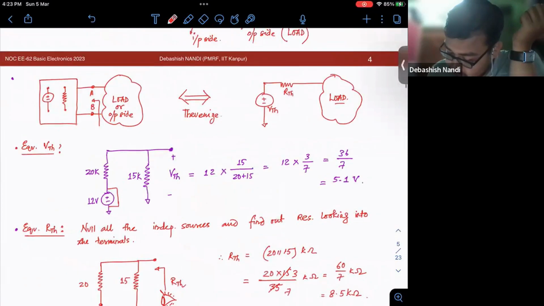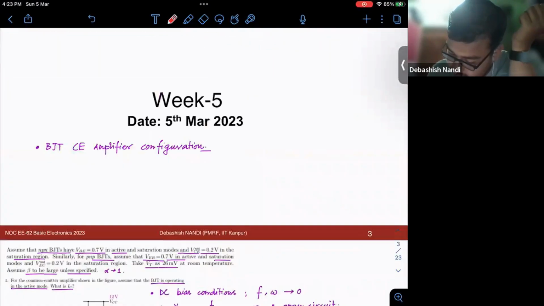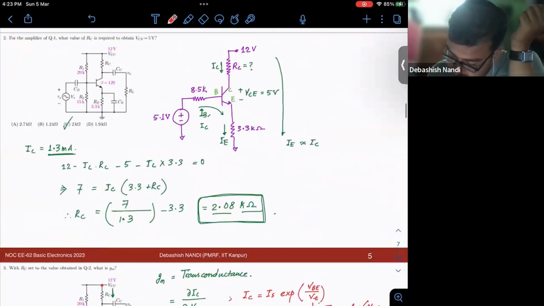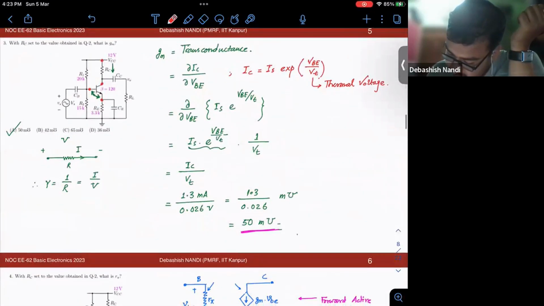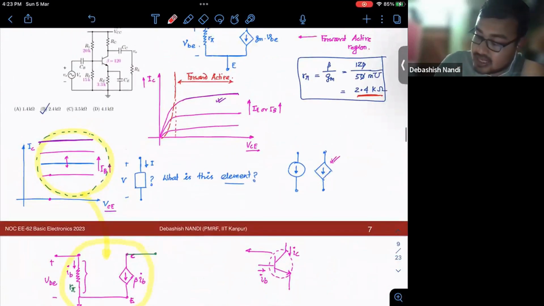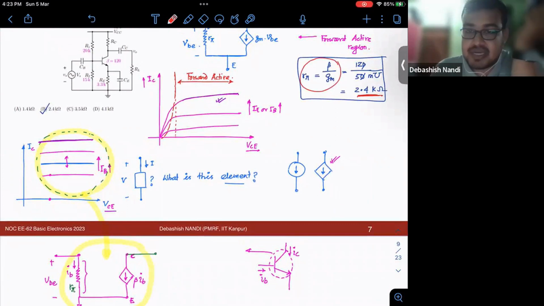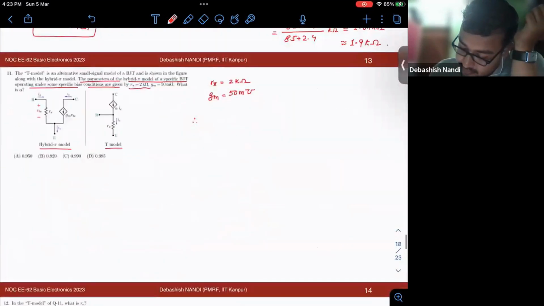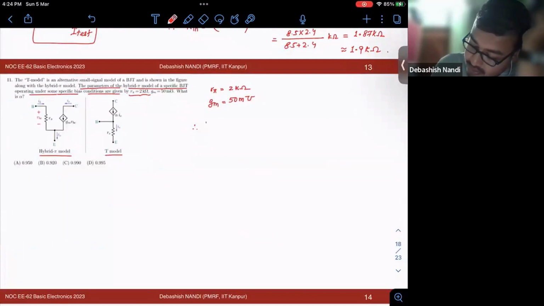Let me show you. Did we find out the relation? Right? Here is the relation. R pi is nothing but your beta over GM. So your beta is nothing but GM into R pi.